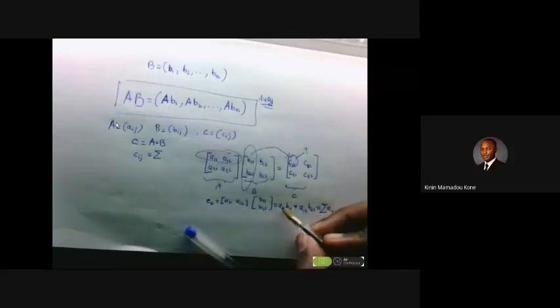Here we have A11, here we have A12. So here what is changing is the 1 over here, and the 2 over here is changing. The 1 over here is changing, and the 2 turns into a 2.